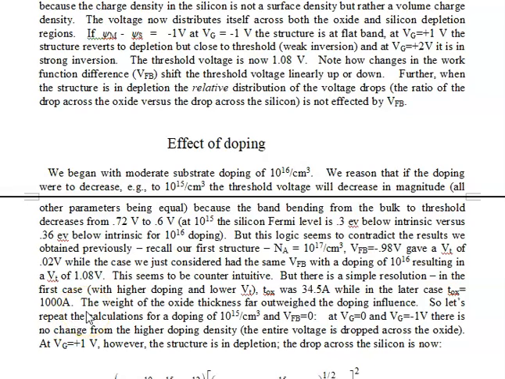So the issue here is the weight of the oxide thickness; the influence of the oxide thickness far, far outweighs the influence of doping. So we're going to repeat that calculation now for a lower doping and then for a higher doping, but we'll save that for the next session.